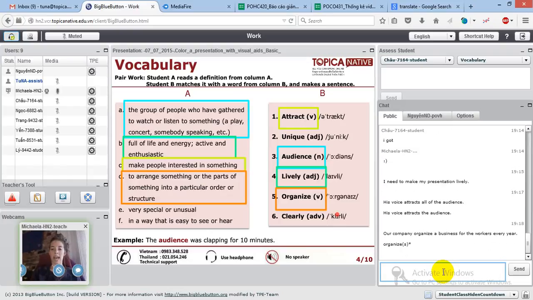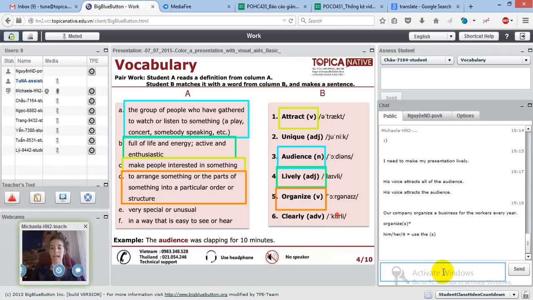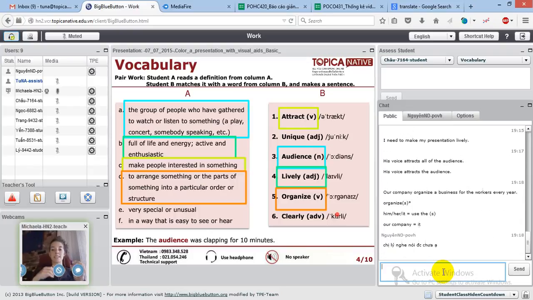Use the S. Okay, so our company is the it in the sentence, right? So use the S on organizes. Okay? Good job. And let's have Tuan read through the words now.